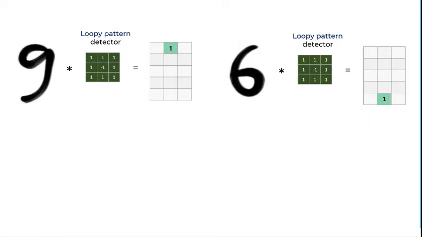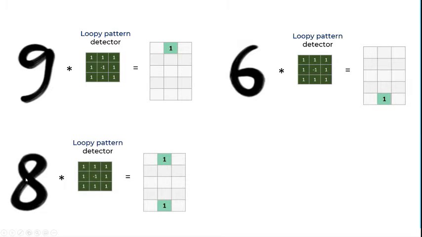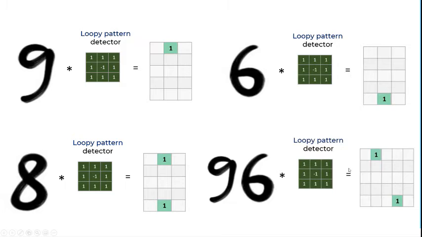I also call it the feature is activated, it got activated here. For number 6, it will be activated at the bottom, in this area. If you have 2 loopy patterns, the feature will be activated at top and bottom. If you have a number like this, it might be activated in a different area.